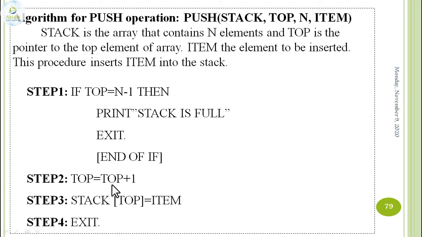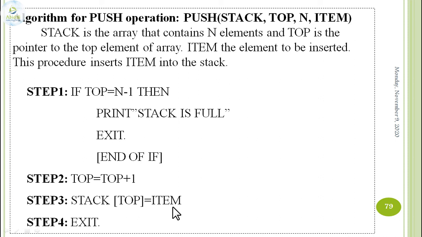The top value should be increased by 1 and the element, that is item, to be inserted has to be inserted into the array called stack at a position called top. So stack of top will get the value from the item. Okay, so item will be stored at the top end of the stack.